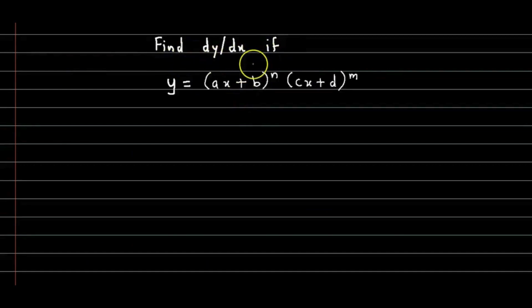Find dy by dx if y is equal to ax plus b raised to n times cx plus d raised to m. Here we will use the product rule.